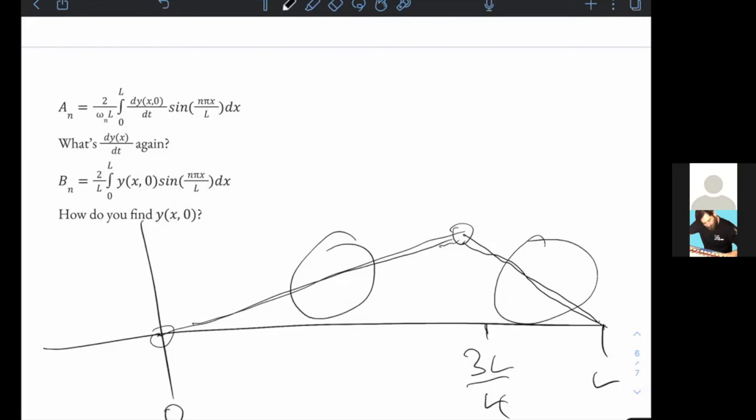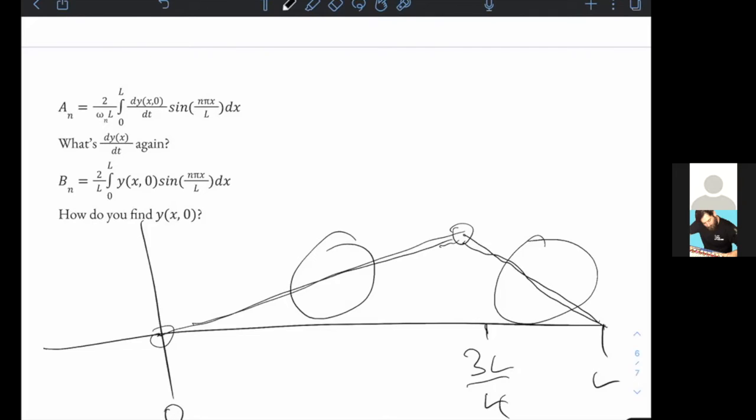And so we can go ahead and put those in these two equations for the Fourier coefficients. We are going to have to split those integrals apart: one integral from 0 to 3L over 4, and then another integral from 3L over 4 to L.